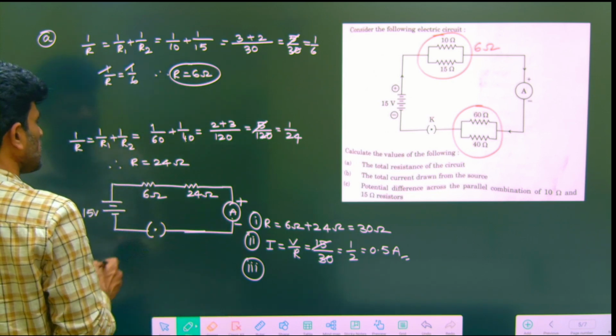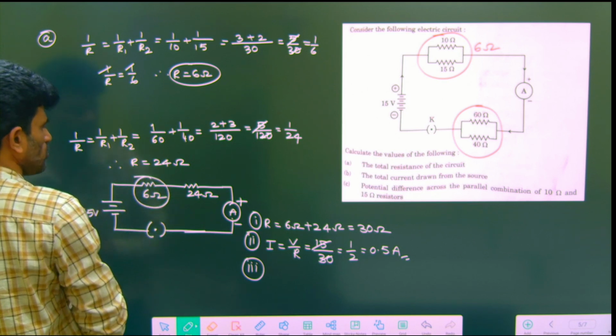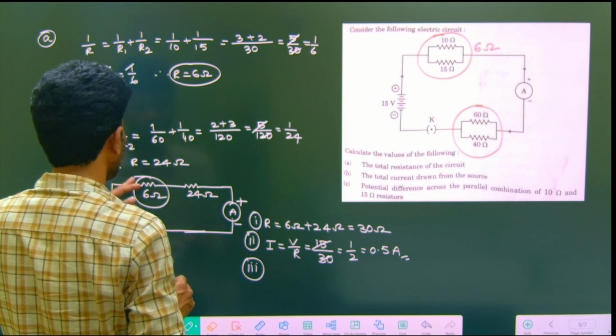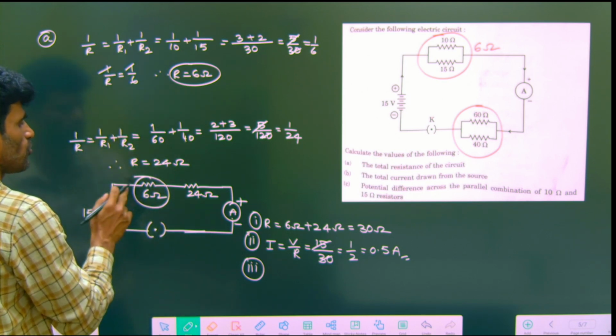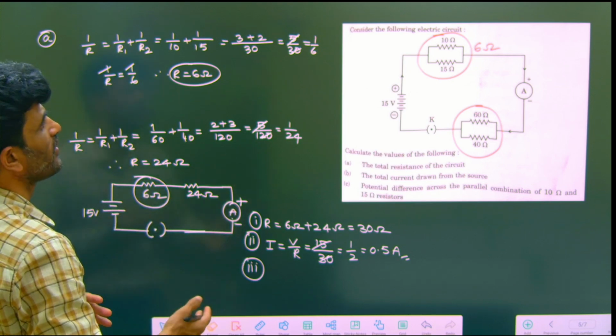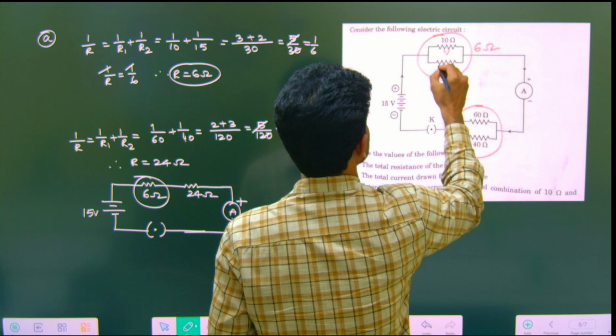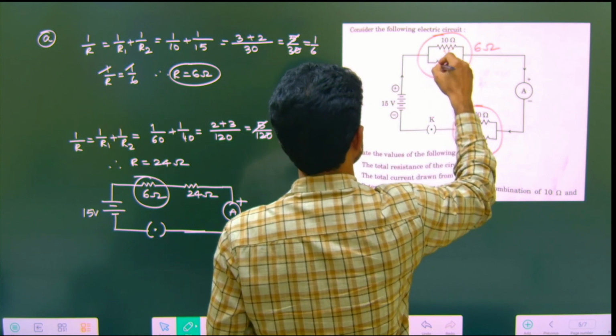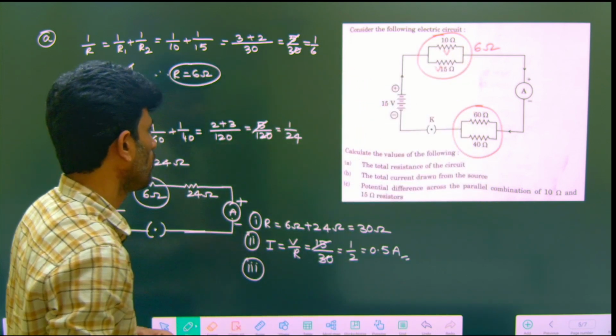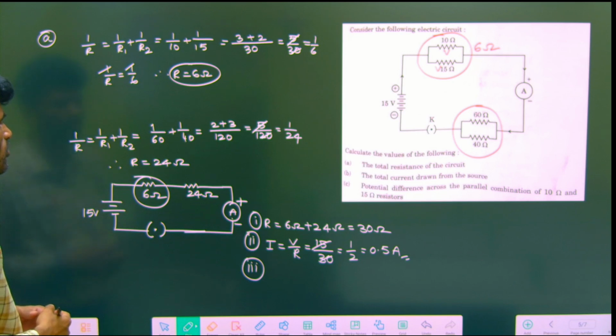The effective resistance of the parallel combination here is 6 ohms. Whenever it is a parallel combination, the potential difference will be the same across both, and we have to find the potential difference across 10 ohms and 15 ohms.